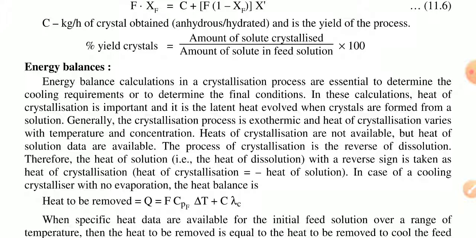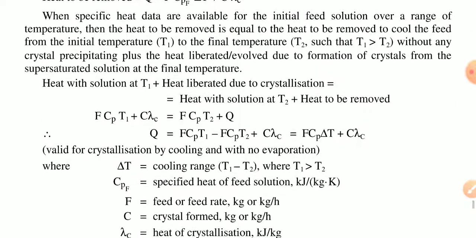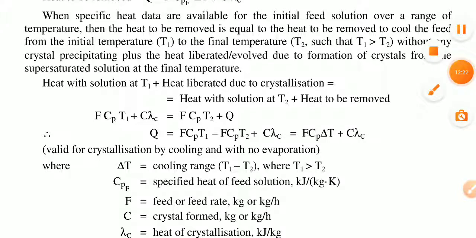In the case of ionic cooling of the crystallizer with no evaporation, the heat balance is: heat to be removed, capital Q, is equal to F CPF delta T plus C lambda C, when specific heat data are available for the initial feed solution over a range of temperature.